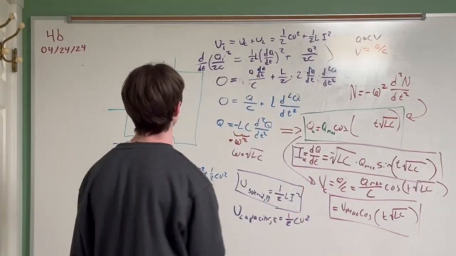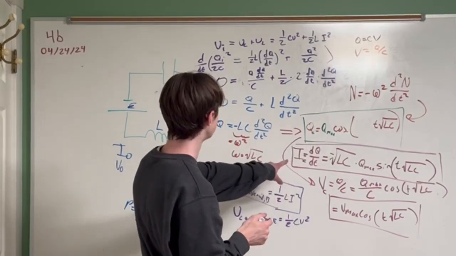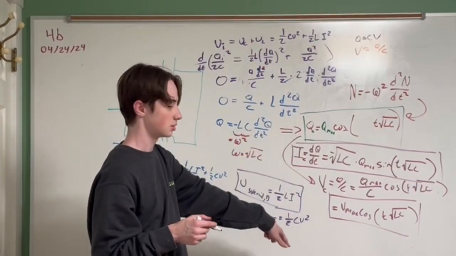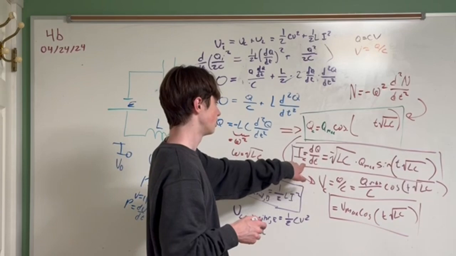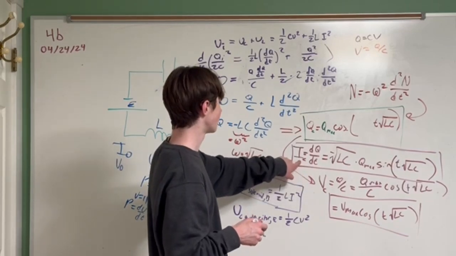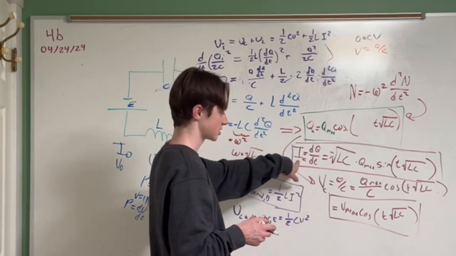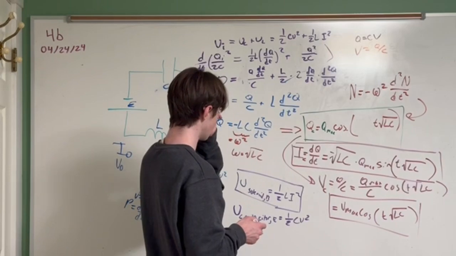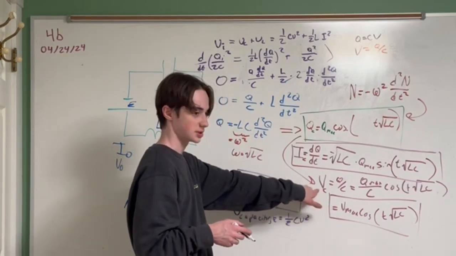And then we do the same thing for the inductor. The inductor will be equal to the total minus these. So not charge, but the current in the inductor will be the negative of the current in the capacitor, or the same, depending on how you look at it. And then the voltage is just equal to V max minus the capacitor's voltage.